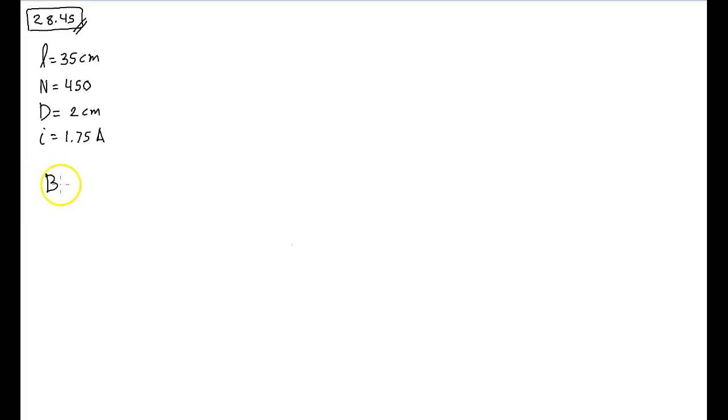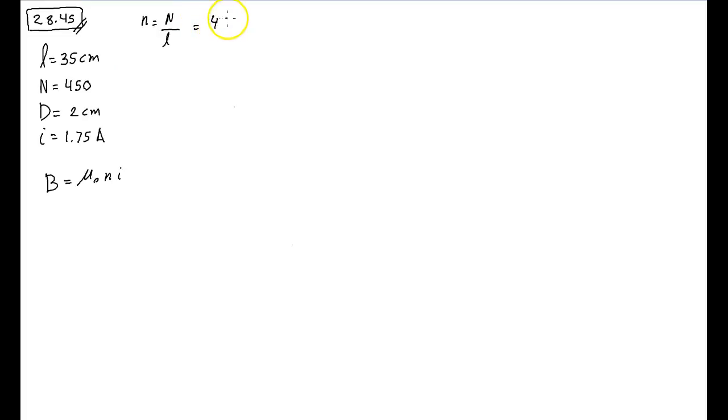We derived this on the board the other day: B is u sub 0 little n times I. Little n is the turn density, the number of turns per length of the coil. Not the length of the wire that makes the coil, but the length of the coil itself. Everybody know the difference?